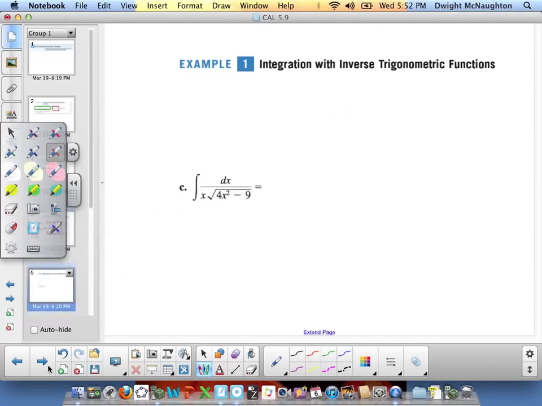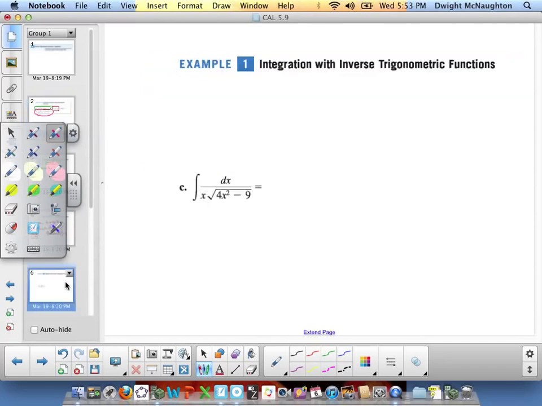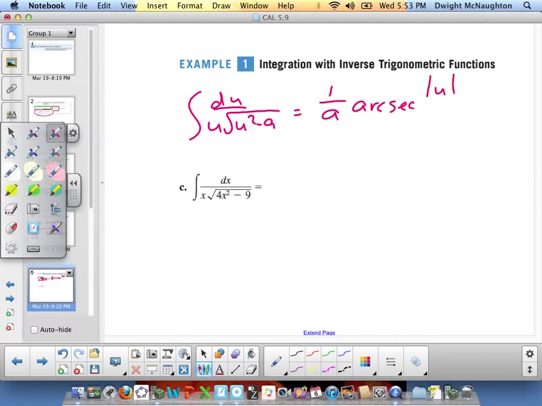Take a look at this one. Right? Which one follows that pattern? Take a look, go back. Might be helpful if you copied this table down so you didn't have to keep going back and forth to it. That's the one. The pattern was du over u square root of u squared minus a squared equals 1 over a arcsecant, absolute value of u over a plus a constant.